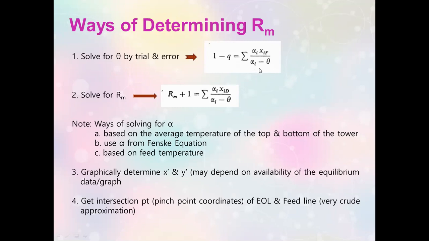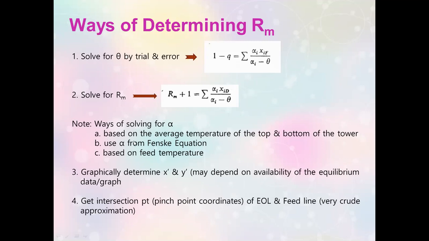Now, there is a sample problem in Geankoplis and in McCabe that solves for theta, but it already involves multi-component distillation, meaning not just a two-component distillation, but rather three or more components. But the process of finding the theta, whether you have a two-component feed or a three-component feed, is the same because you're going to do it in tabular form. So that's your step one. This is your step two.